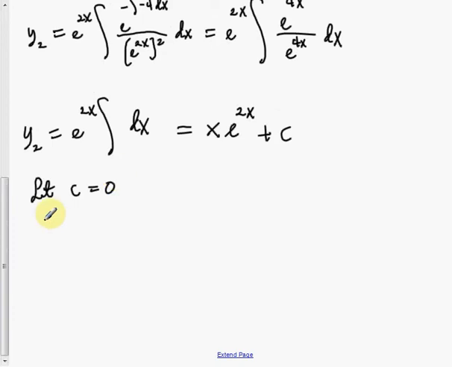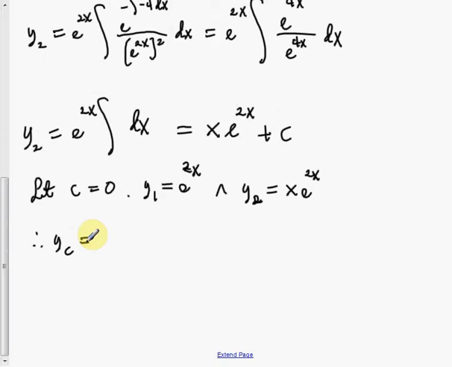In other words, y sub 1, which is given, is e to the 2x, and y sub 2 is x times e to the 2x. That's what happened to the c, because we're solving a differential equation which happens to be homogeneous, equal to 0.